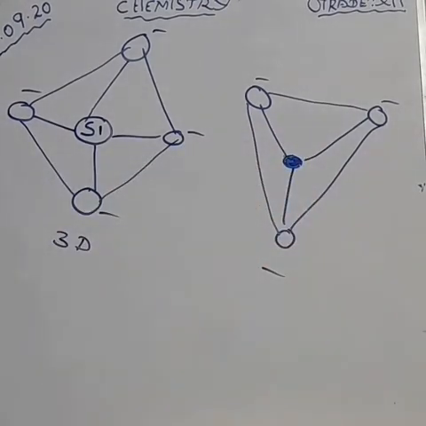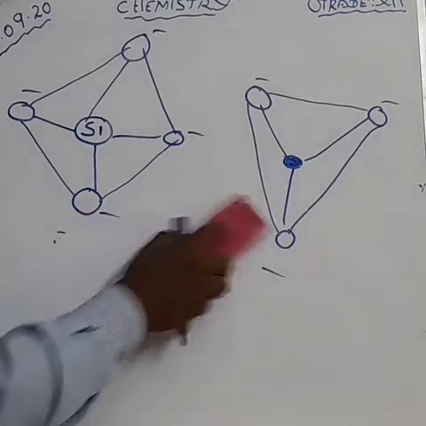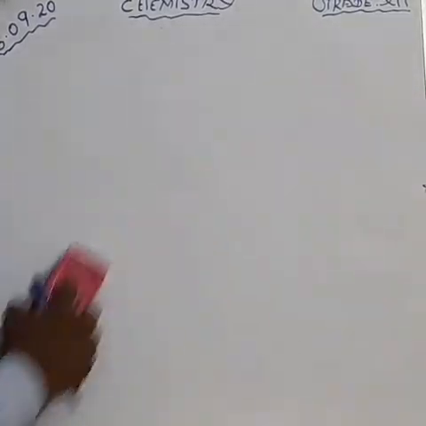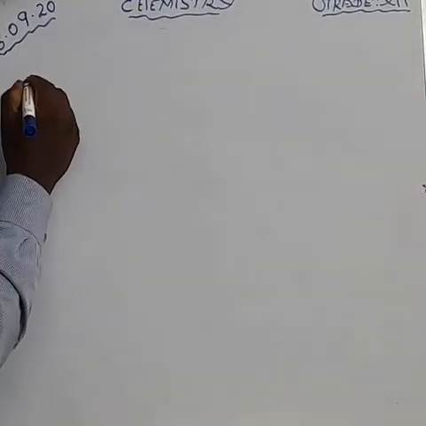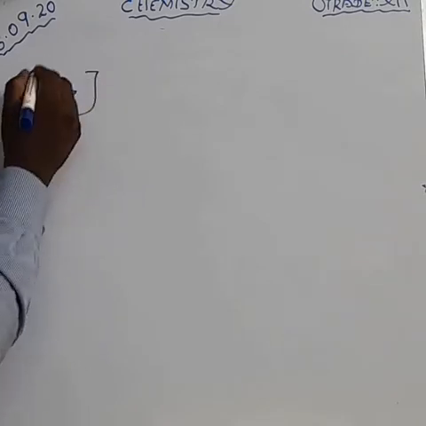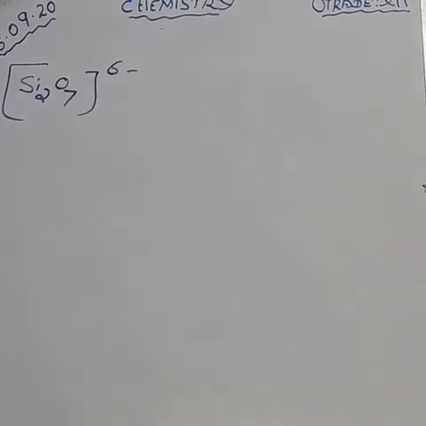Next, about the pyrosilicate or sorosilicate. The pyrosilicate contains Si2O7 6 minus. What's the formula here? Pyrosilicate formula: Si2O7 6 minus.